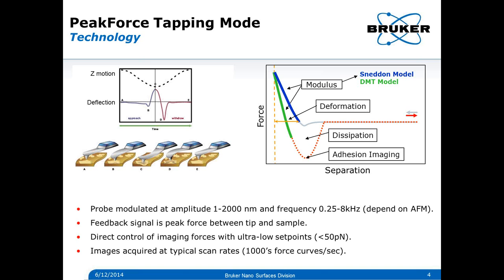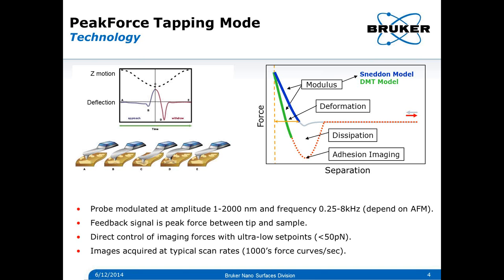This helps protect both the AFM probe and the sample from potential damage and is really the key to enabling high-resolution imaging. Additionally, force volume and single force ramps are typically performed at frequencies of about 1 to 10 Hz, requiring significant amounts of time to acquire data.